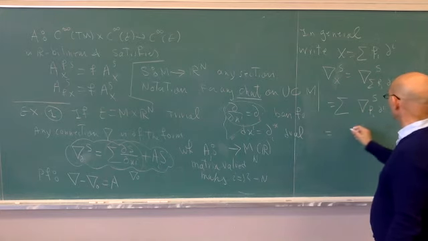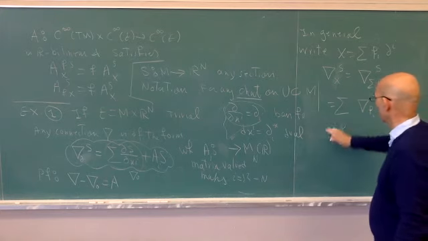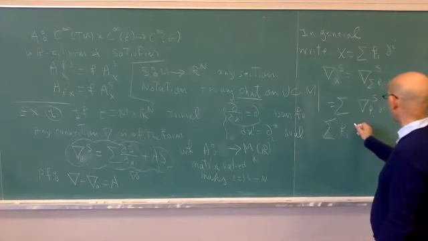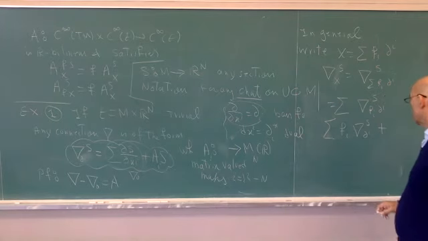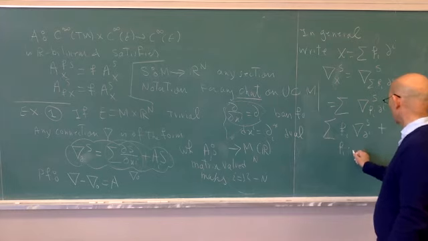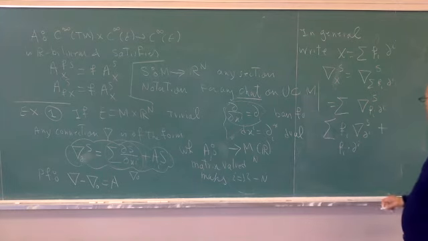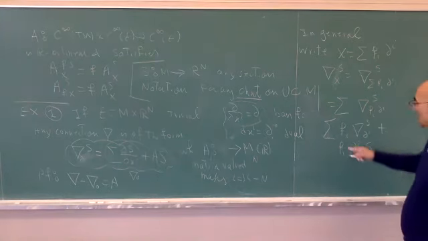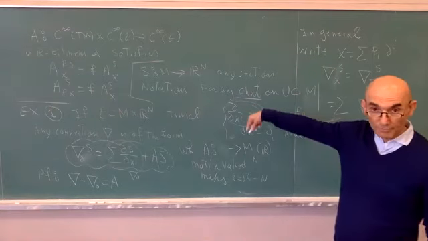And then this is equal to the sum of f^i ∇_s ∂_i plus f^i acting on ∂_i, and then s. This is just the second property of the connection.